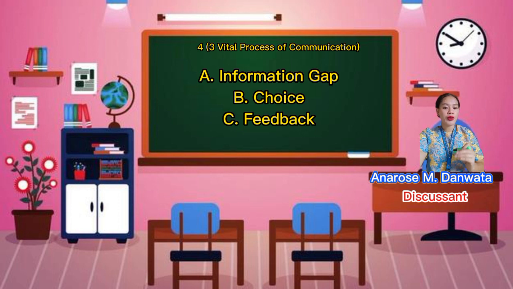So we as listeners, as receivers, need to give feedback on the message, in order for us to really understand what the message is all about. We need to give feedback to the sender.